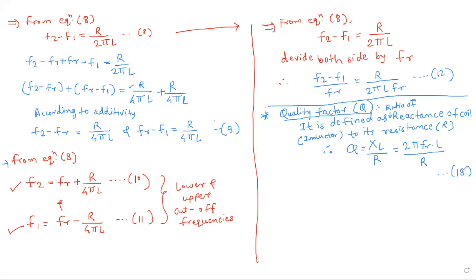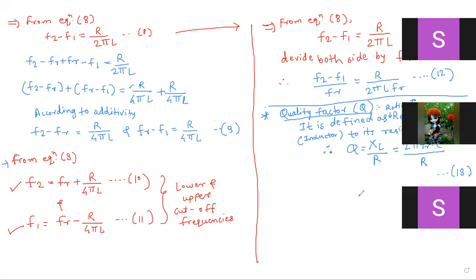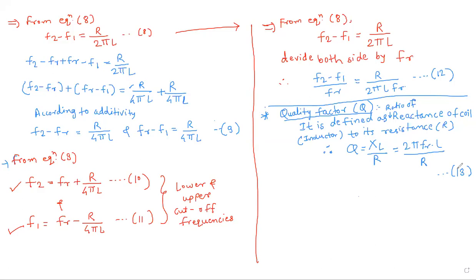Or we can also say, instead of 13 we can take, okay, Q is equal to 2 pi Fr into L divided by R. Compare with equation number 12: R by 2 pi Fr into L is there, and this is its reciprocal. Look, it is the opposite of this. So we can write Fr divided by F2 minus F1.